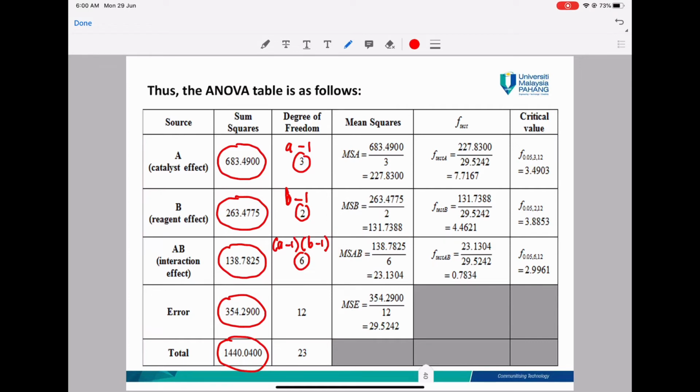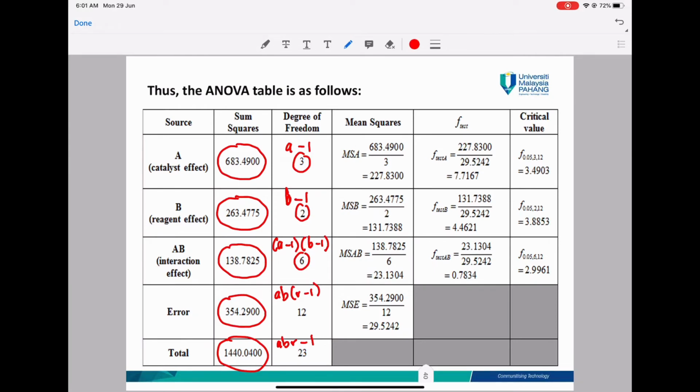For the error, degree of freedom is ABR minus 1, so we have 12. And the last one, for the total degree of freedom, is ABR minus 1, and then we have 23.